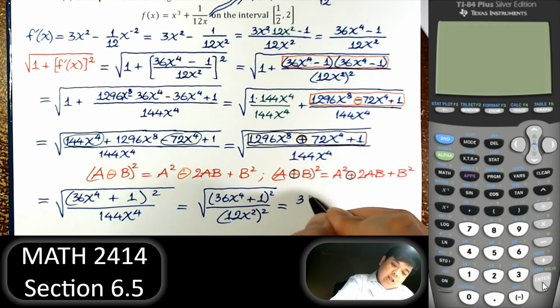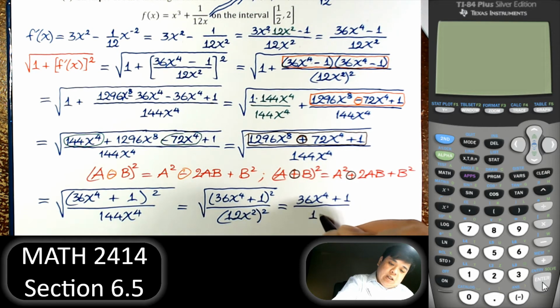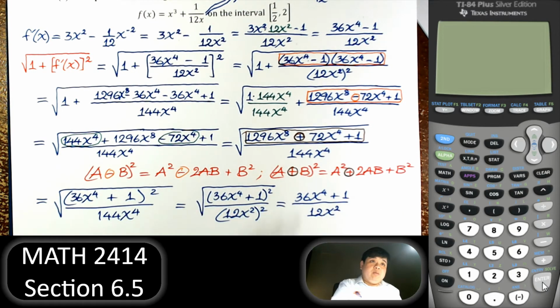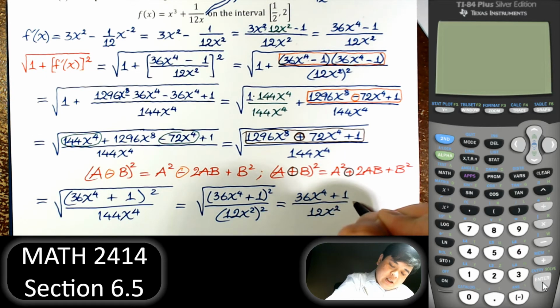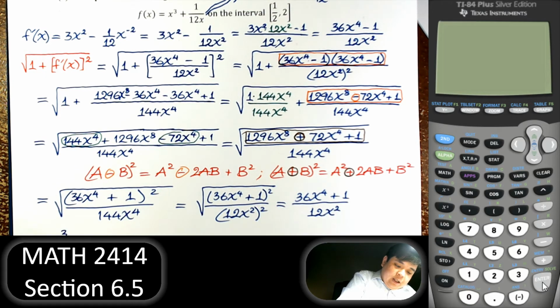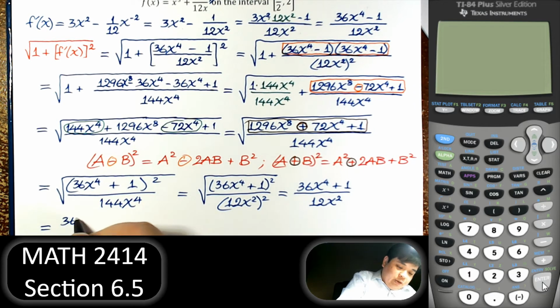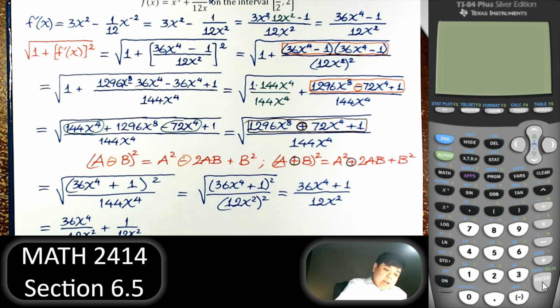We have 36x to the 4th plus 1 over 12x squared. We will split this out: 36x to the 4th over 12x squared plus 1 over 12x squared. And 36 over 12 is 3x squared, and then we have 1/12 x to the negative 2.